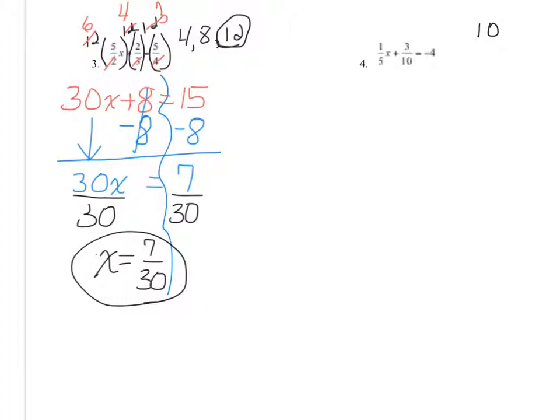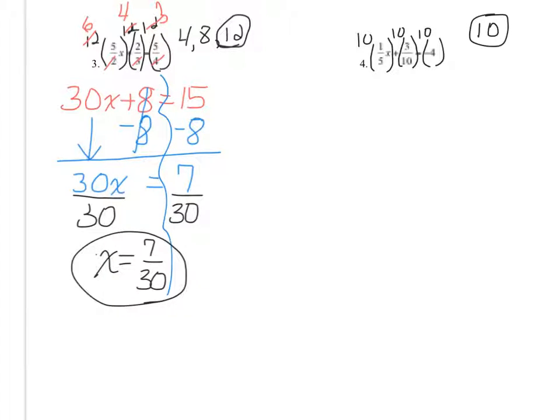Does 5 go into 10? Yes, it does. So this right here is our lowest common denominator. Okay, so that's what we're going to multiply everything by. So I'm going to do this times 10. That's a 10, not a U. This times 10. And this times 10, even though it's not a fraction.